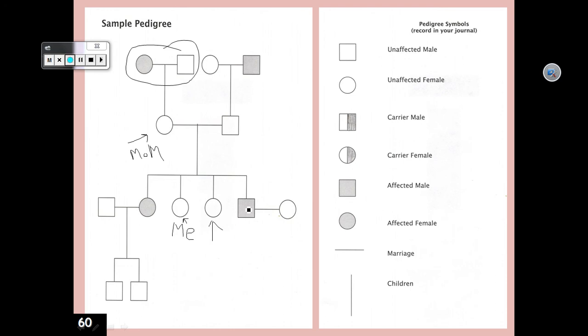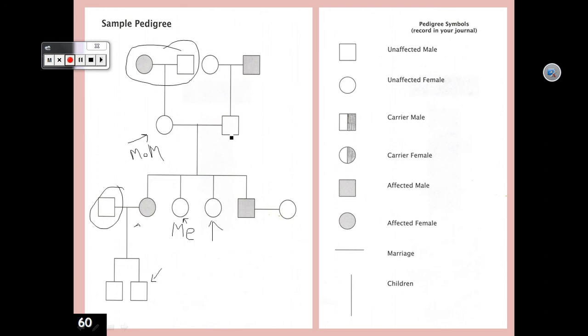Alright, now let's think about this. Who would this square be? This square has married one of my sisters, so that would make this square my brother-in-law. And we can go a step further down. If my sister and my brother-in-law had kids, this would be my nephew.